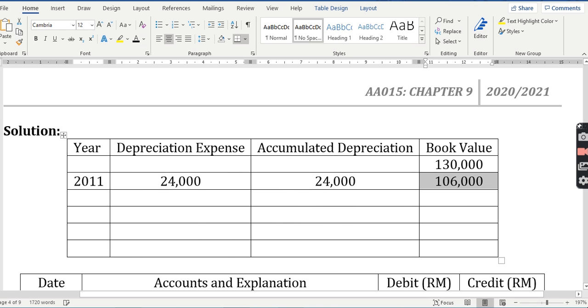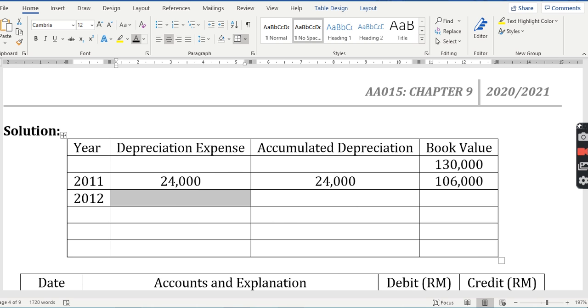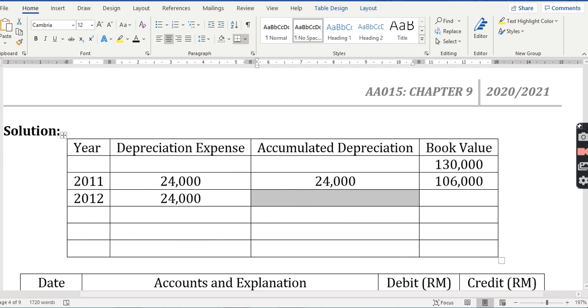The next year, that is the year 2012, the same asset will be depreciated with the same value, that is 24,000 as well. So during the second year of the usage of the asset, your accumulated depreciation will be 48,000.